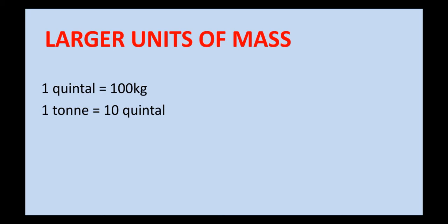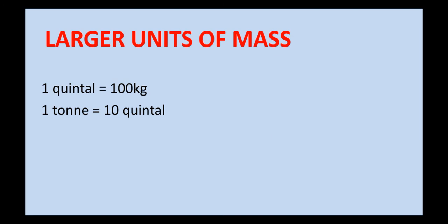So, we already know the smaller units of mass. The smaller units of mass are grams and milligrams. Now, the standard unit of mass you already know, kilogram. Now, for measuring larger quantities of mass, larger units are used, such as quintal and ton.